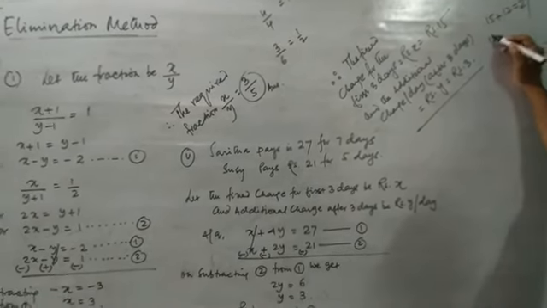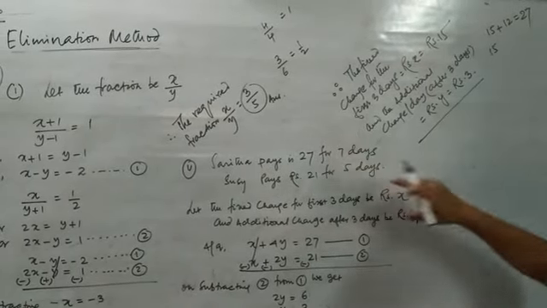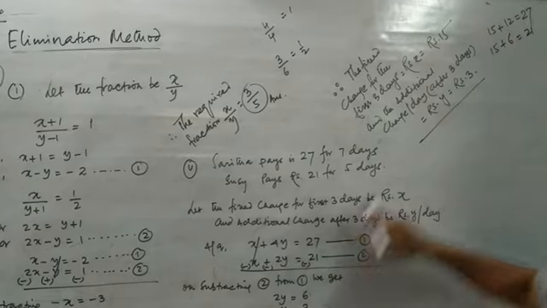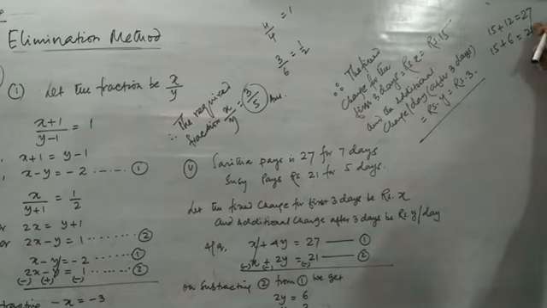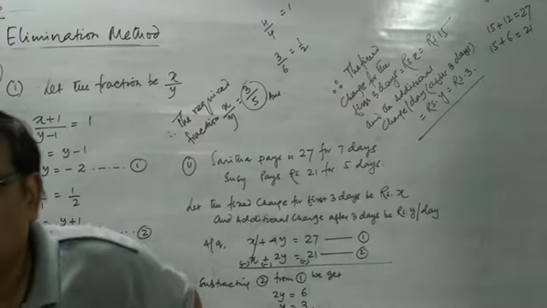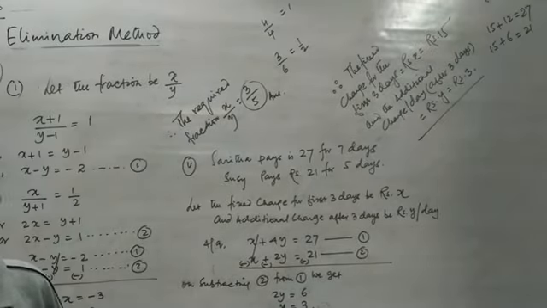For 3 days she has to pay 15 rupees. For 2 additional days she has to pay only 6 rupees, 3 into 2, and that is 21. So both the right hand sides, that is 27 and 21, you have got. In the examination hall, you be confident that you have solved the question correctly and you are going to secure full marks in that very question.